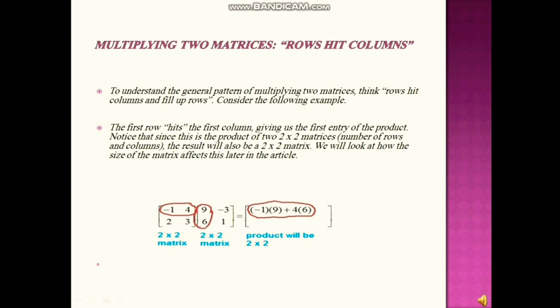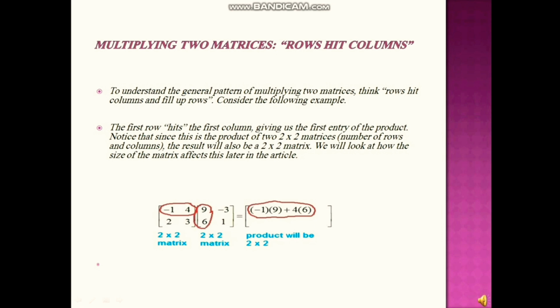Now we have multiplying two matrices, which means rows hit columns, rows multiply by columns. To understand the general pattern of multiplying two matrices, think rows hit columns and set up rows. Consider the following example. The first row hits the first column.